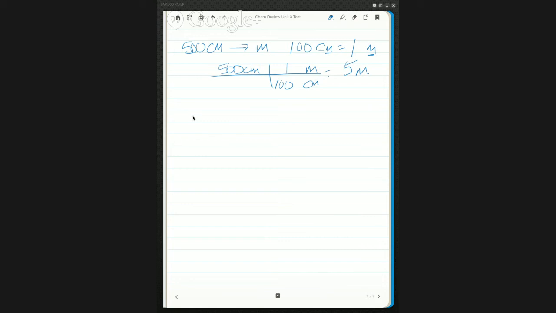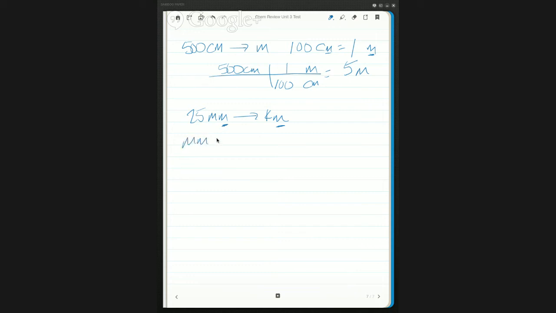So let's say just for fun, we have 25 millimeters and we want to go to kilometers. There's a base unit right here. But we don't have an equality straight from millimeters to kilometers, so we're going to have to do 2 equalities, and they both have to go through the base unit.